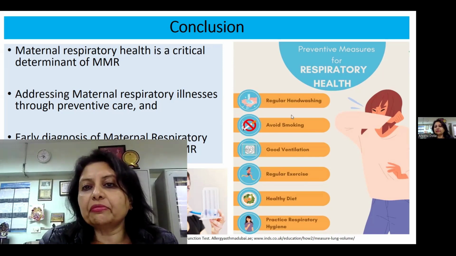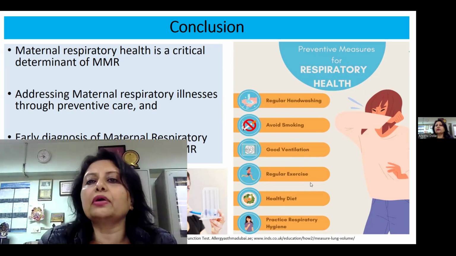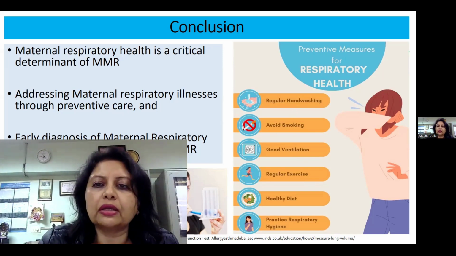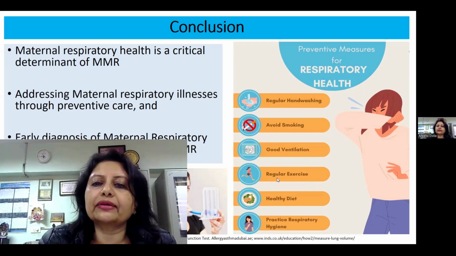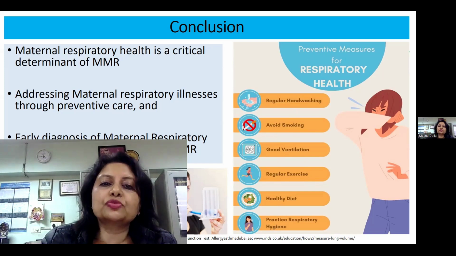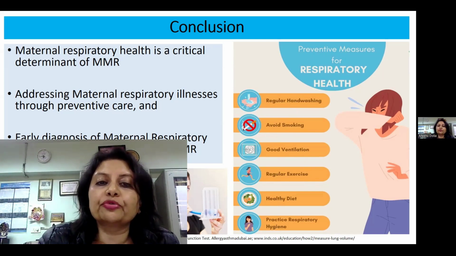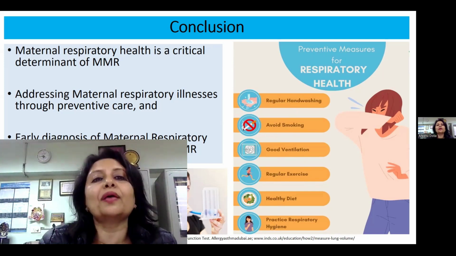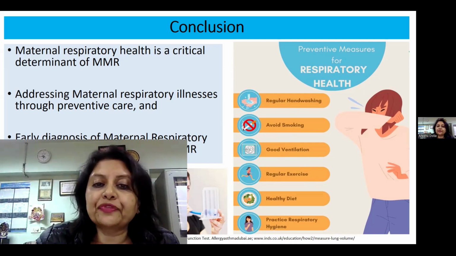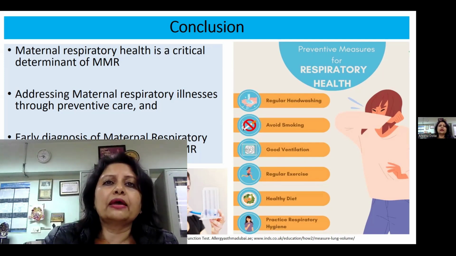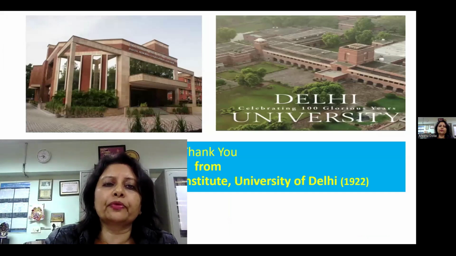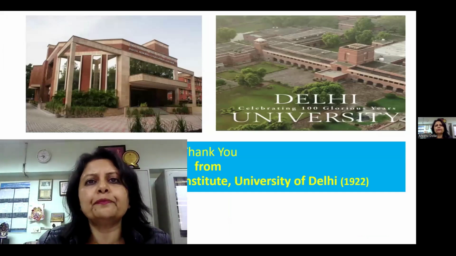And some of the preventive measures described are hand washing, avoiding smoking, good ventilation, regular exercise, healthy diet, respiratory hygiene, or a spirometer, which can be done to improve the lung function, especially in those mothers who have got some pre-existing illnesses. With this, we can hope to improve the respiratory health of the mother.